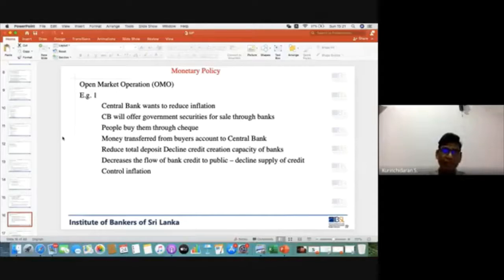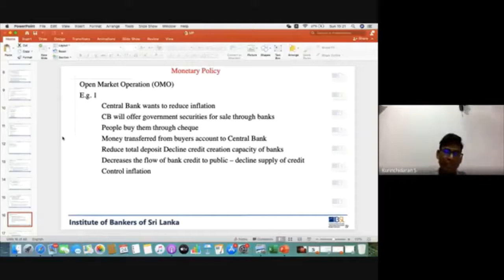Total deposits are reduced, and when total deposits decline, the credit creation capacity of the bank will decline. So the flow of bank credit to the public will decrease, and ultimately the supply of credit will decline.